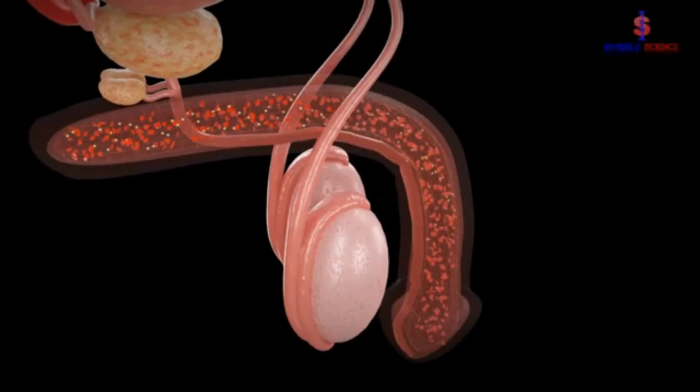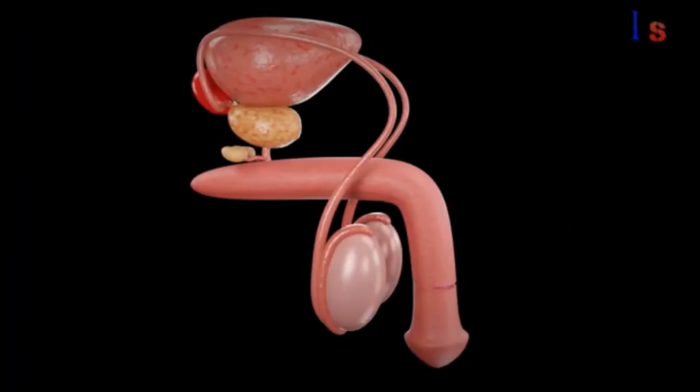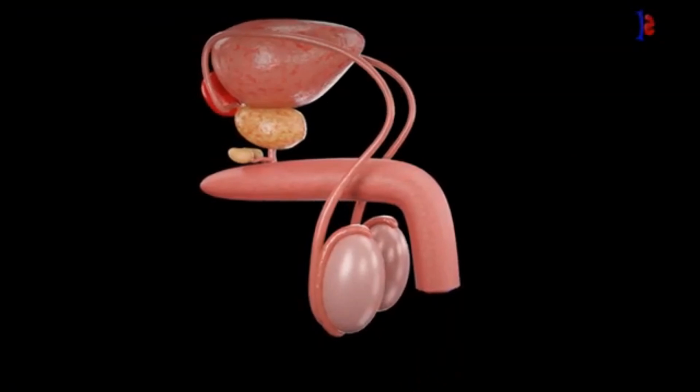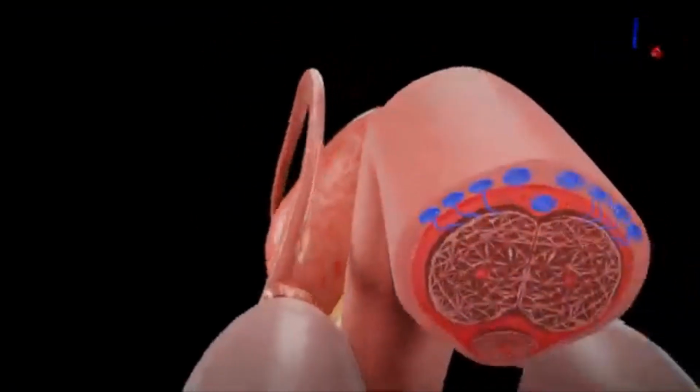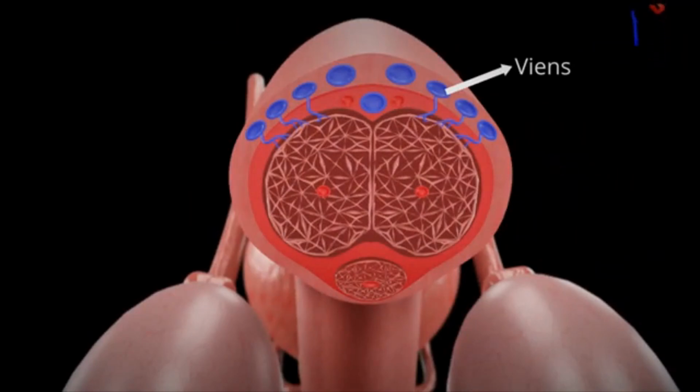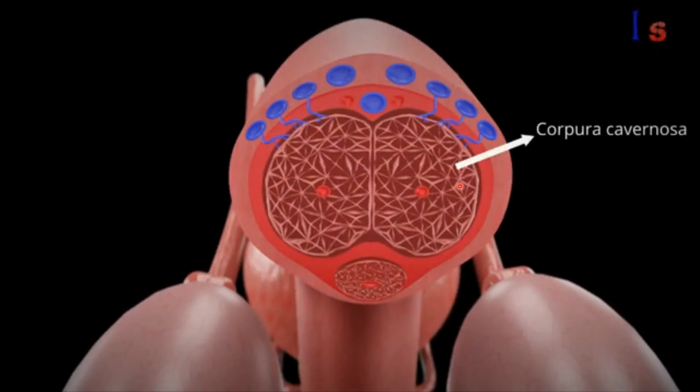In today's video, with the help of 3D animation, we will explain the entire process of penis erection in detail. Firstly, we cut the penis from the front to see its internal structure. After cutting, we can see that there are many veins on the upper part of the penis. In the middle part, there are two large tubes called corpora cavernosa.